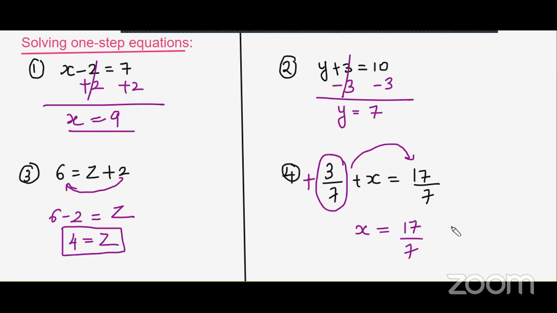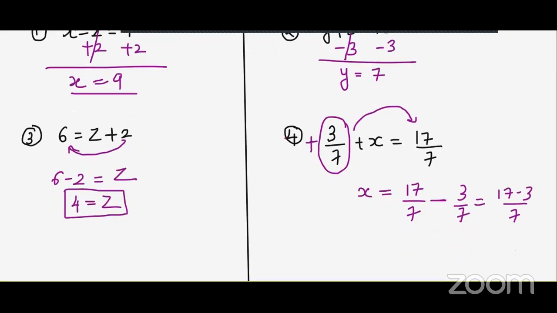The one which is shifting is 3 by 7. It is plus on the left side. So its additive inverse, minus. The denominators are same. So 17 minus 3 over 7. Right? So the answer will be 14 divided by 7, which is a 2. The value or the solution of x is 2.